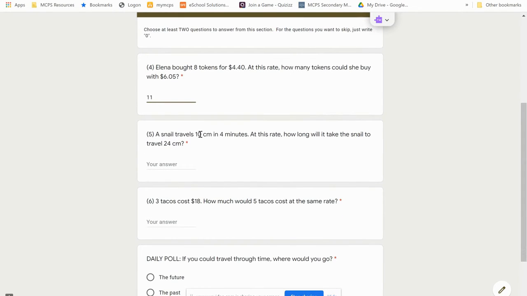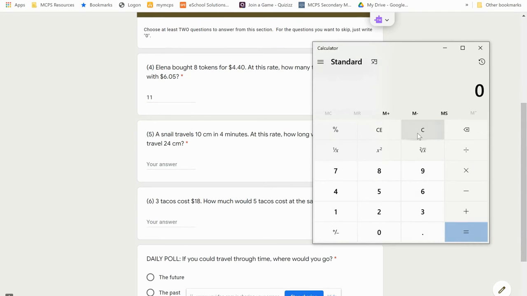A snail travels 10 centimeters in 4 minutes. At this rate, how long will it take the snail to travel 24 centimeters? Okay, so I want to get this 10 to 24, but I got to figure out how long it takes the snail to travel in 1 minute. 10 divided by 4 is 2.5.